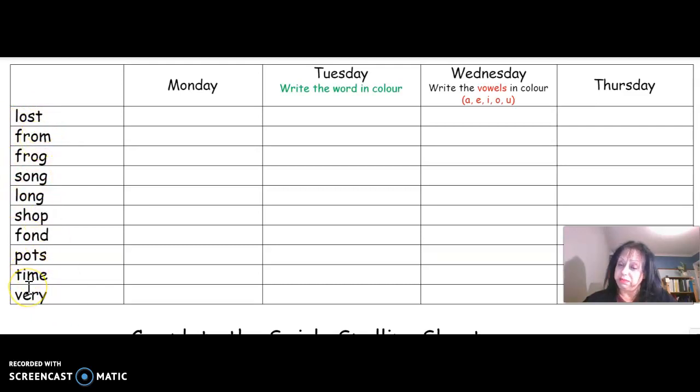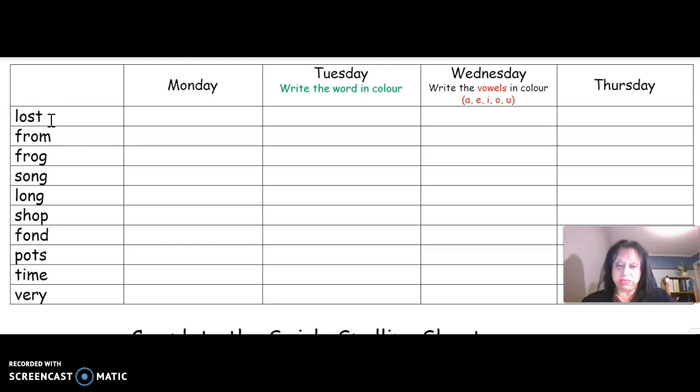Say them again tomorrow. Lost. Let's sound out the phonemes. L, O, S, T. How many phonemes are there? 4. L, O, S, T. 4 phonemes. Lost. I lost my school bag yesterday.